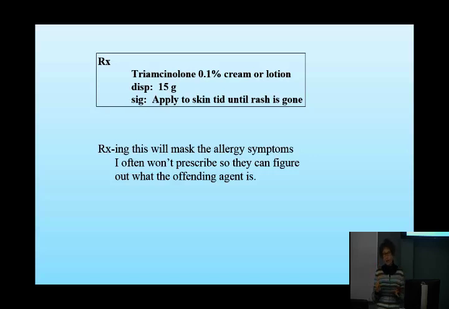The bad thing with it, however, that I inform my patients, is this is going to mask your allergic reaction. So these people, once they use this triamcinolone, it's going to make their eyes look better, but if they do not get rid of the offending agent, it is just going to keep coming right back as soon as they stop using it. Any type of steroid cream, if you use it around the eye for a long period of time, steroids can thin the skin.